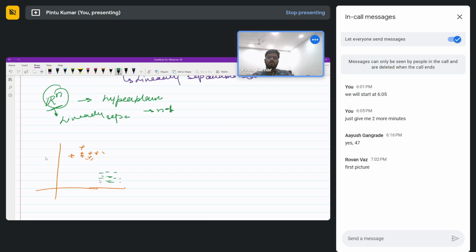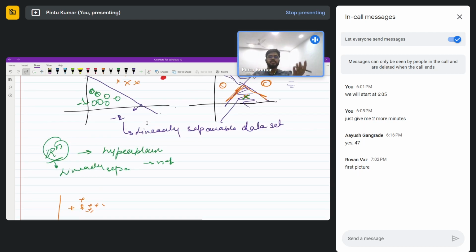Even if you had linearly separable data, and let's say you projected it on this particular line, then you will have plus here, plus here, plus here, and you will have minus here, and minus here, on this line only. So now you can see in this small region, your data is no longer linearly separable.